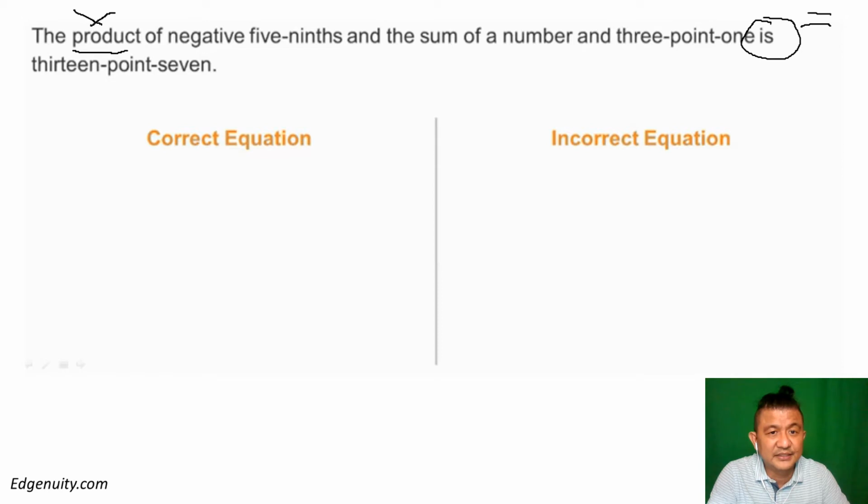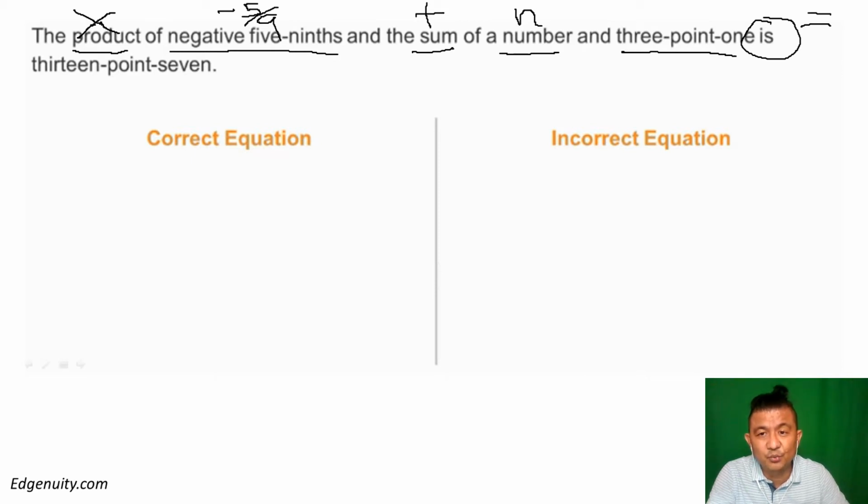Of negative 5 ninths. So something will be multiplied by negative 5 ninths, and the sum means plus, of a number, you don't know the number, and 3.1. 3.1 is equal to 13.7. Okay, write those symbols on top first, then let's put them together.